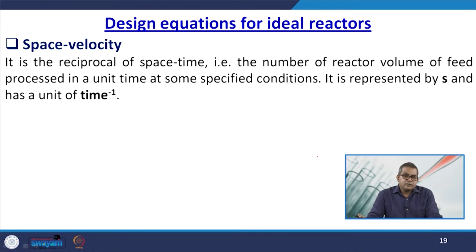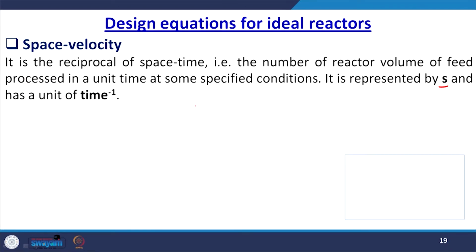Now another good concept is the space velocity. This is usually the reciprocal of space time, that is, the number of reactor volumes of feed processed in unit time at some specified conditions, related to pressure, temperature, etc. It is represented by small s and has the unit of time inverse.